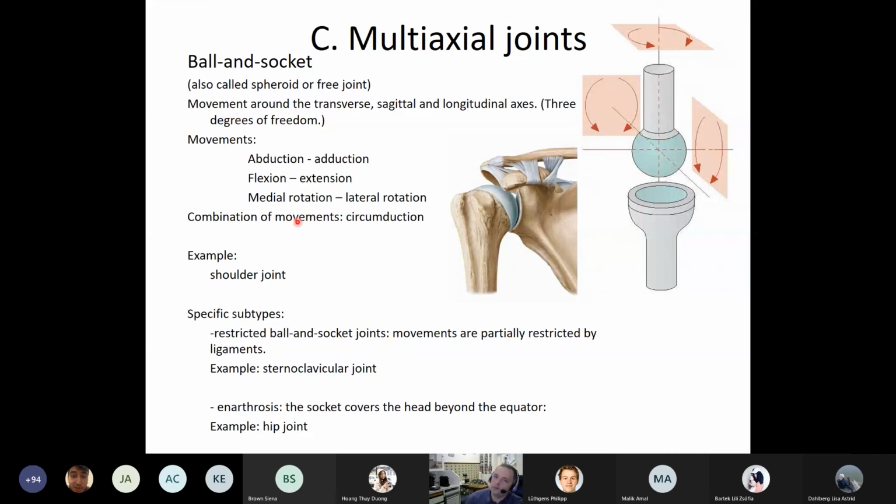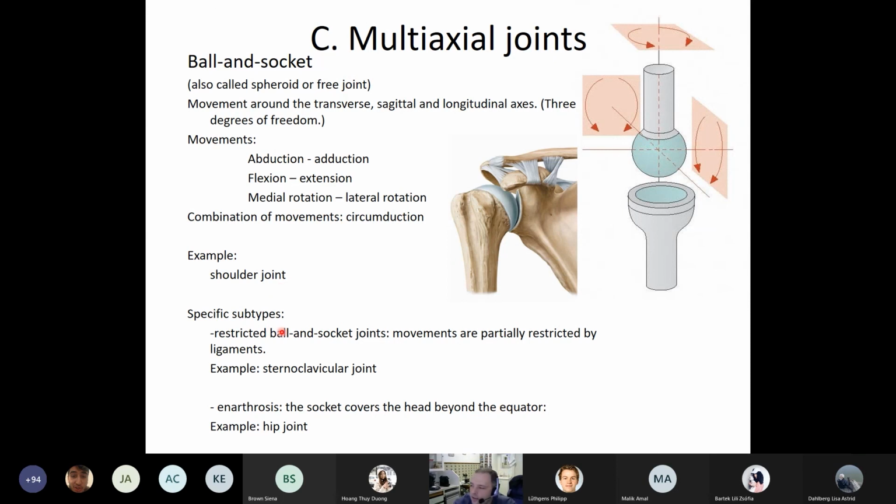And one can also combine these movements. So if you make a circle with your upper limb, you are combining all these movements at the same time, and you carry out a circumduction in your shoulder joint. So you draw a cone at this time with your upper limb. And the best example for that is the shoulder joint, but we have quite a lot ball and socket joints in the human body.